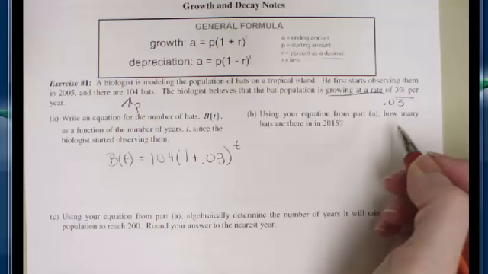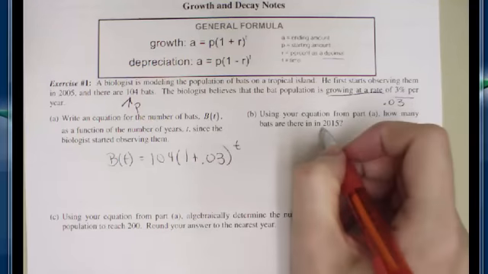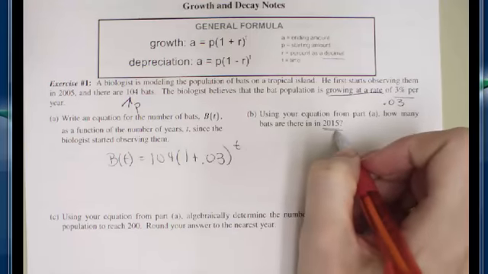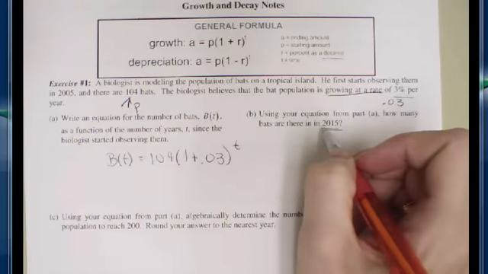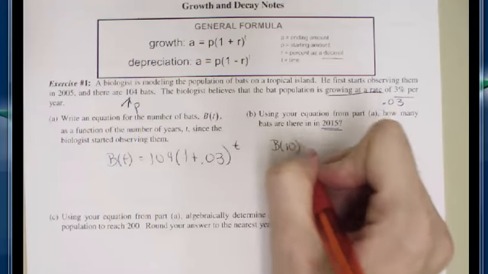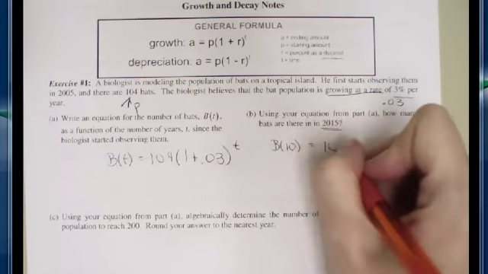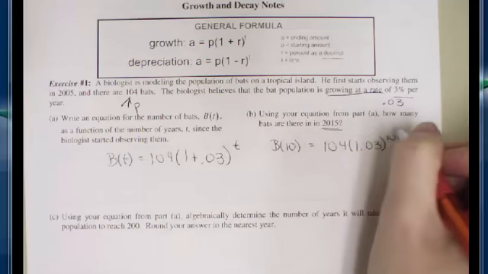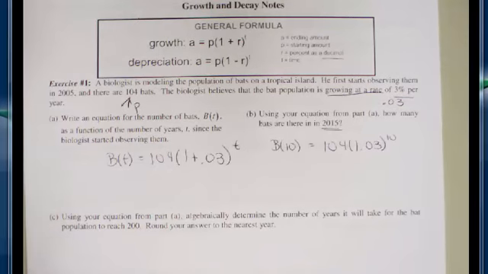B says, using that equation, how many bats are there in 2015? So 2015 is 10 years away. So we will say B of 10 equals 104 times 1.03 to the 10th.